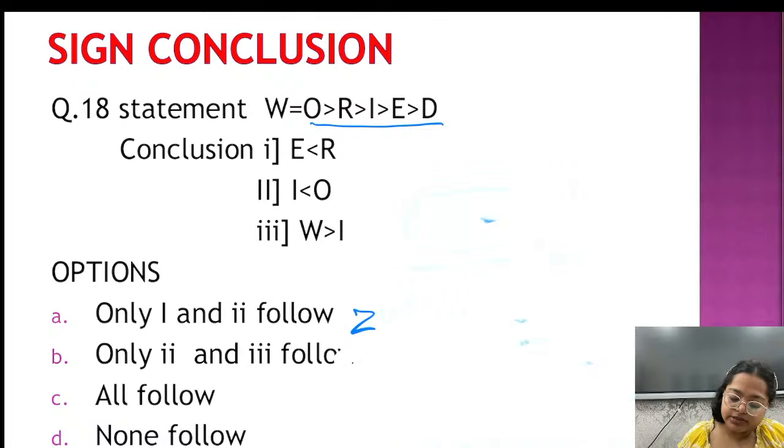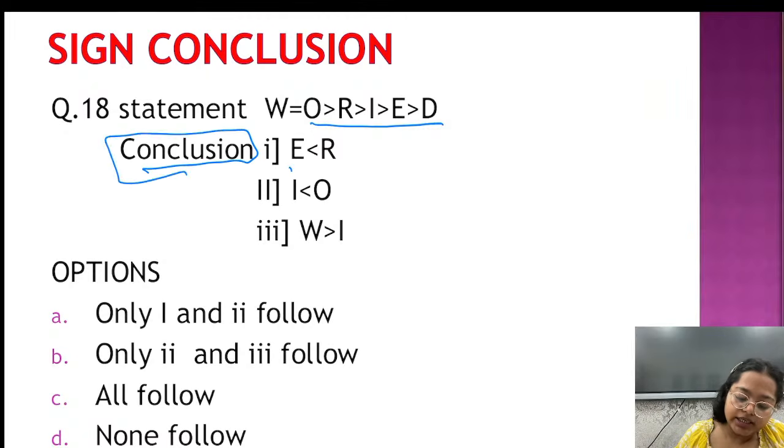Statement says W is equal to O, bigger put R, bigger put I, bigger put E, bigger put D. What conclusion? E is smaller than R. Now we check the sign in this word. R is bigger than E. Okay, so the sign is towards R, and this statement is correct.